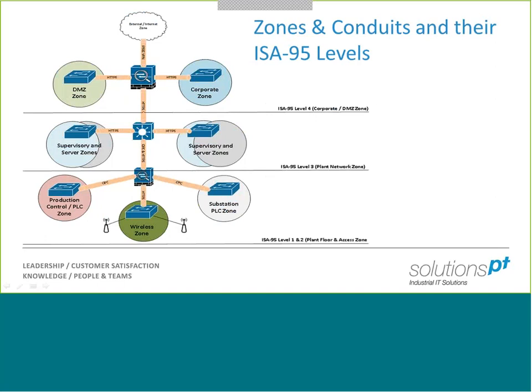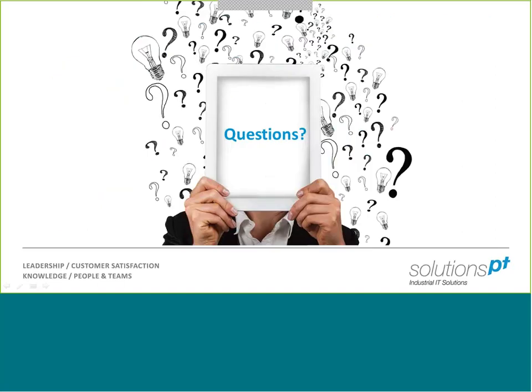In the middle we've got our level 3 plant network zone, which contains our supervisory and server zones. And right at the bottom we've got levels 1 and 2, the plant floor and access zone, where our high criticality zones are: our substation PLC, our production control PLC, and our trusted wireless clients on the shop floor. And that's it from me.